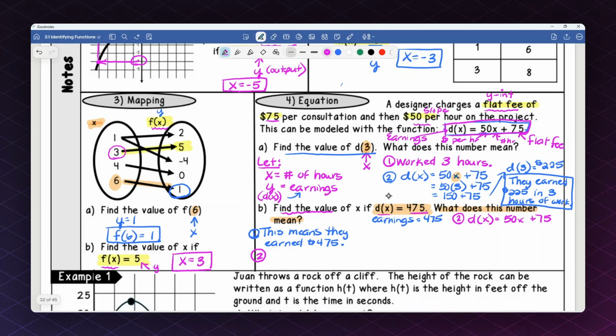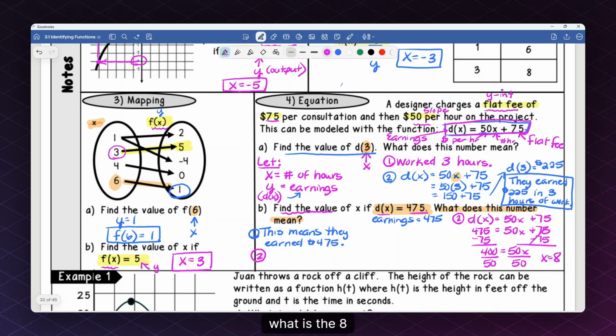But for D of X, I'm going to write my 475. So I'm going to do a little bit of math now. This cancels. 475 minus 75 gives me 400. We can divide by 50, and we end up with x equals 8.